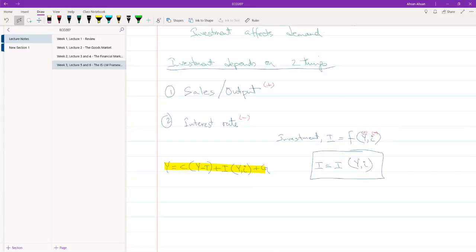So of course, if we break this down, let's see what we get. We get CY minus CT plus I(Y, i) plus G. Actually, we don't really need this at this stage. Let's just get rid of this. And let me just ask you guys this question. What happens to the equilibrium when i changes?